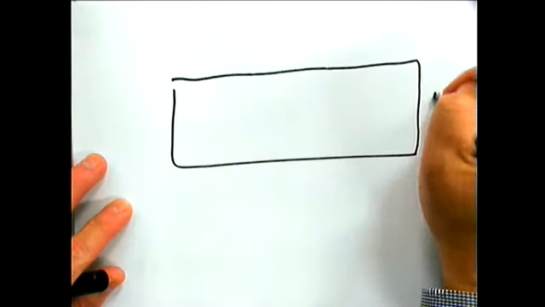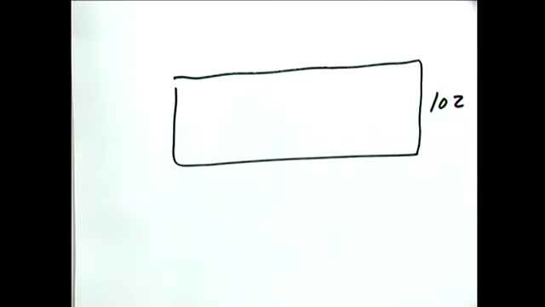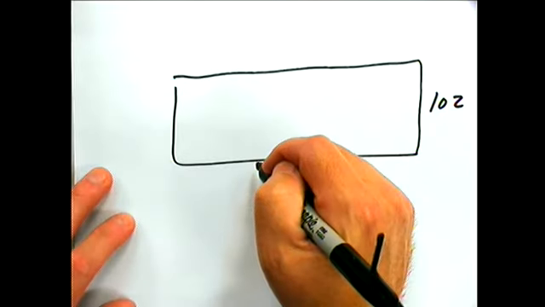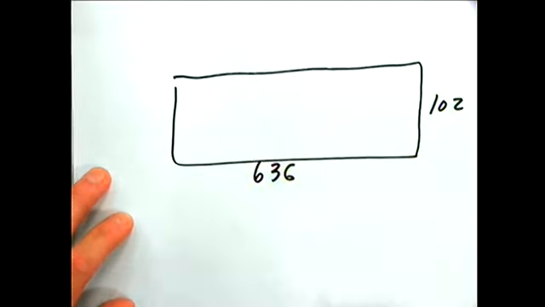Let me open up Excel so I don't mess this up too badly. 53 feet, multiply that by 12, is 636 inches long, okay?